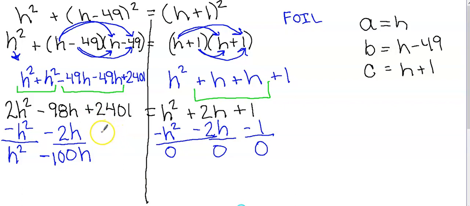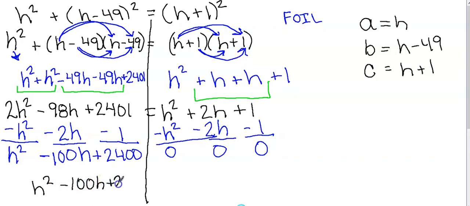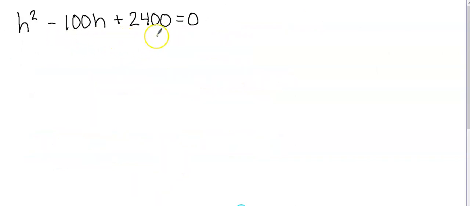Line it up with the other number-only term, and subtract. Okay, so we have H squared minus 100H plus 2400 equals 0.